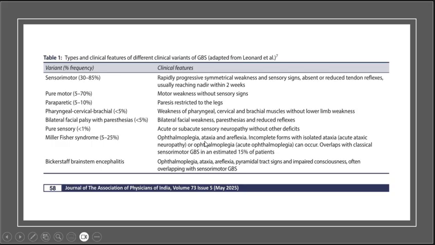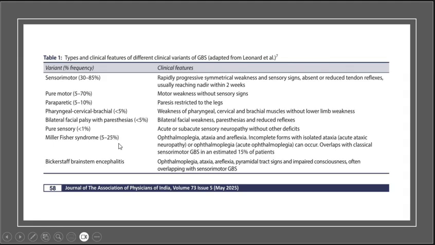In bilateral facial palsy with paresthesia, there is bilateral facial weakness along with reduced reflexes and paresthesia. Pure sensory is usually confused with acute peripheral neuropathy, with no other motor deficit.